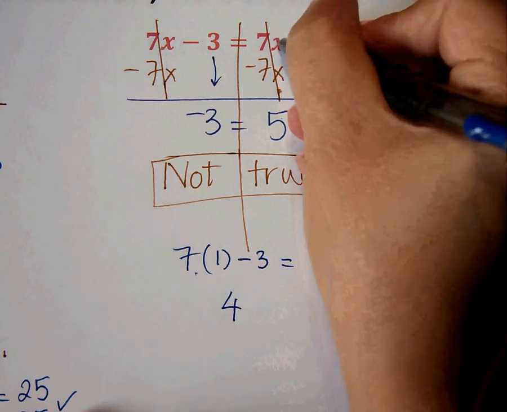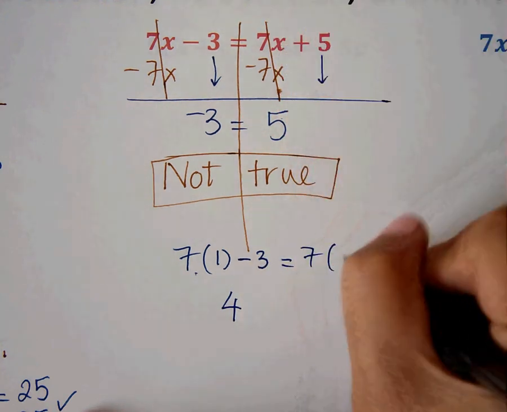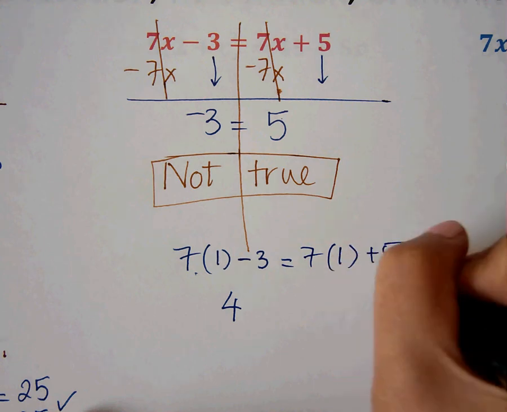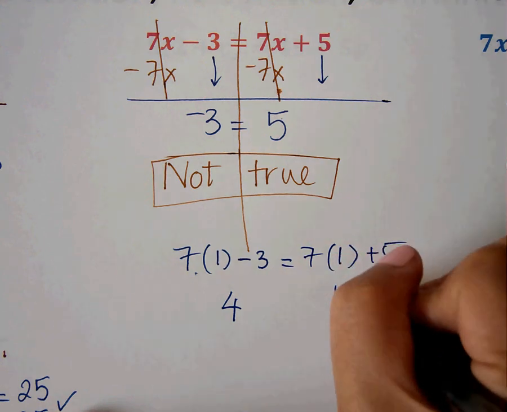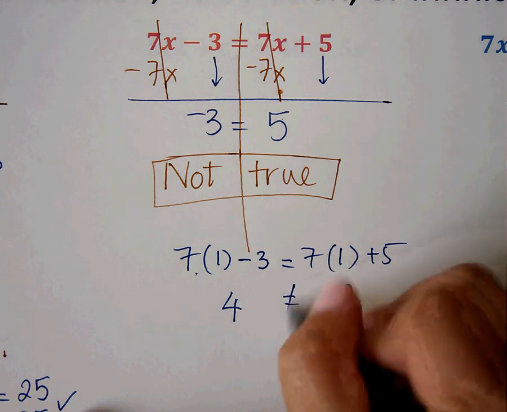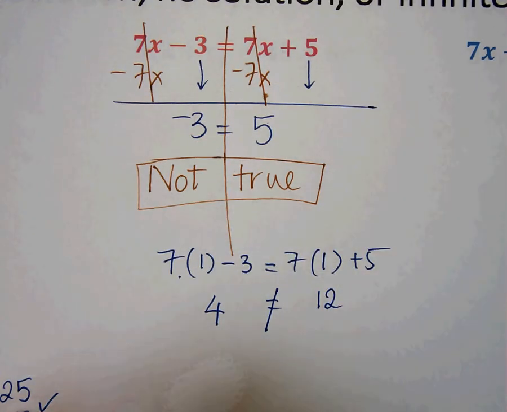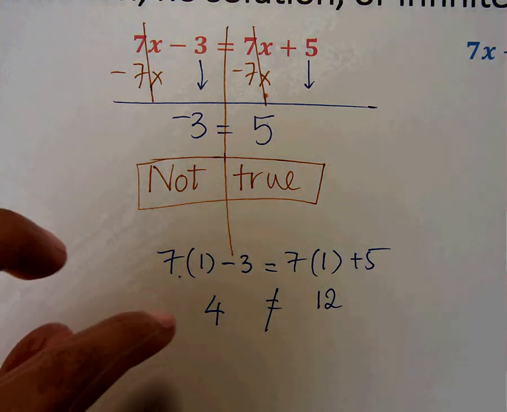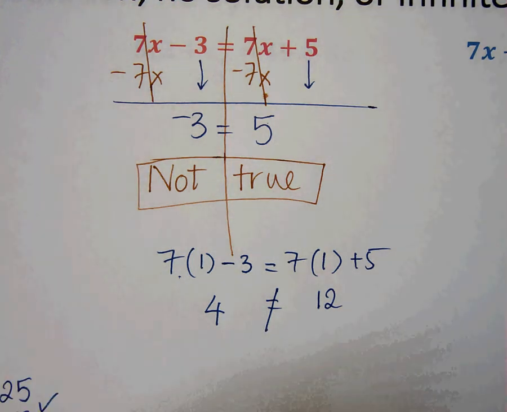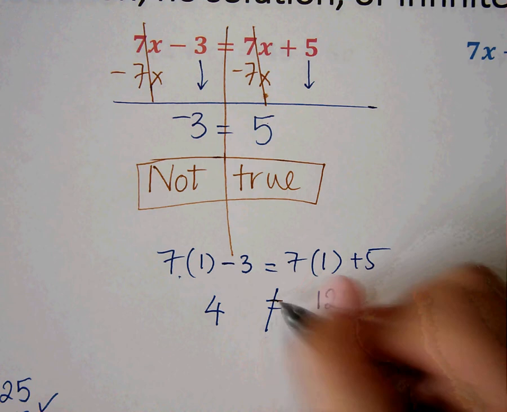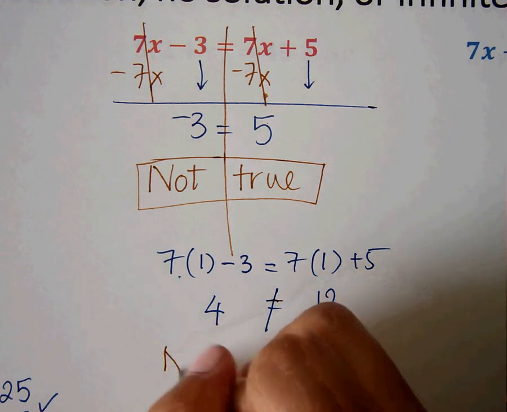And then if we plug in the 1 on the right side, 7 plus 5 will be 12. Again, 4 cannot equal 12. So you see any value of x, here I'm just checking for 1, but any value of x will make that statement wrong. So in this case, we say no solution.